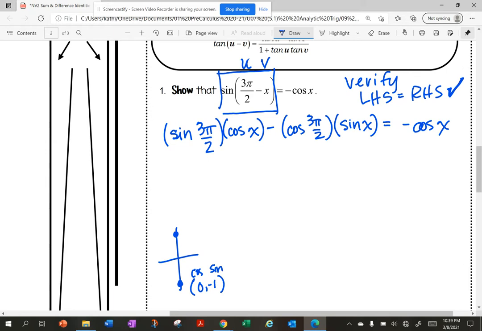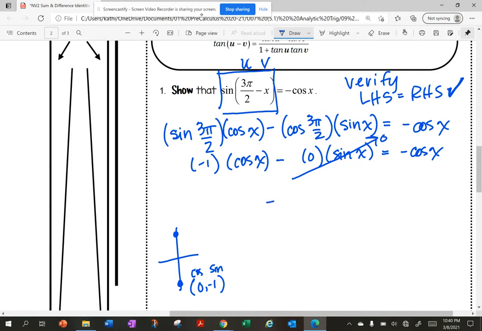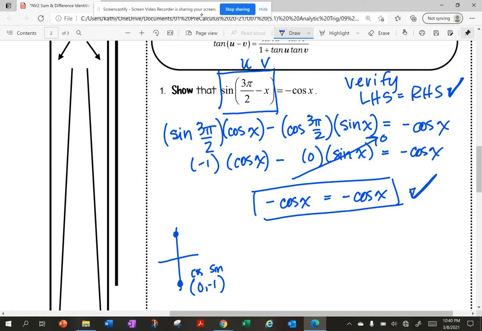So at 3 pi over 2, sine is negative 1 times cosine of x minus cosine at 3 pi over 2, which is 0, times sine of x equals minus cosine of x. 0 times anything is 0. So I'm just left with minus cosine of x equals minus cosine of x. So I showed my left-hand side equals my right-hand side.